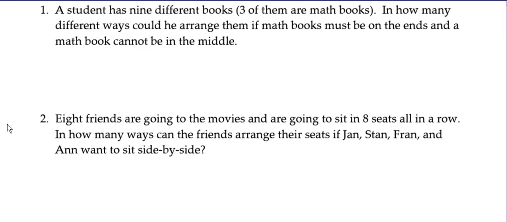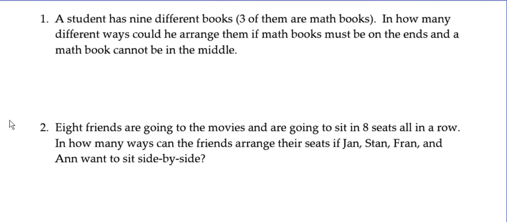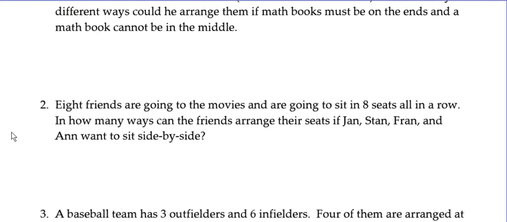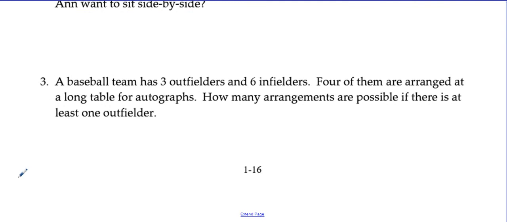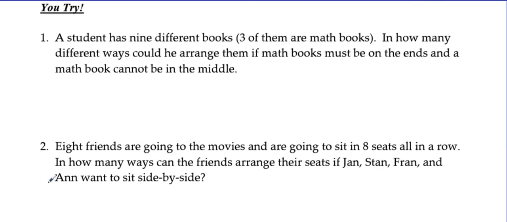What I'd like you to do is to try these 3 examples. They're very similar: reserved places, grouping, and at least one. So what I want you to do is to pause the video, try the examples, and come back and check the video. All of the examples we did were arranging letters in a word.